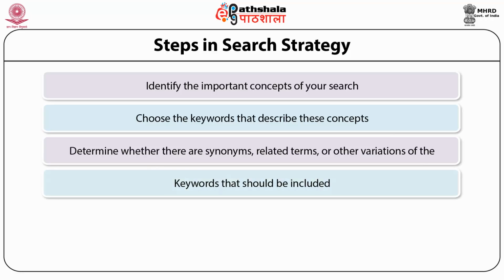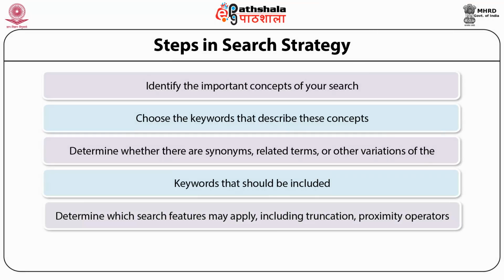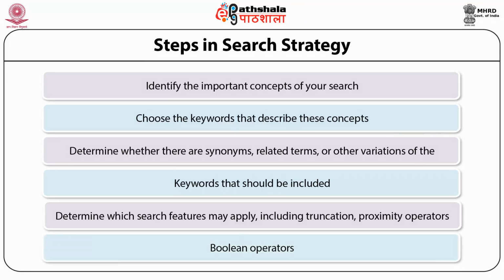Keywords that should be included should be identified. Then determine which search features may apply, including truncation and proximity operators, and then you have to see whether you can make use of the Boolean operators, or whether there is a need for the use of Boolean operators. That has to be also decided.